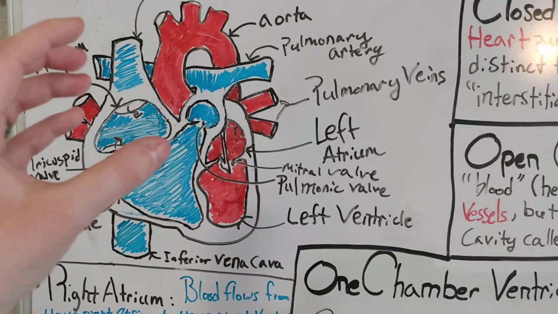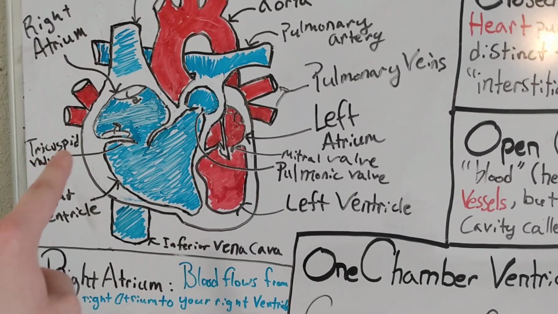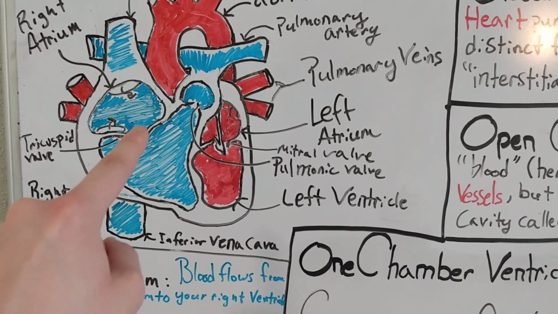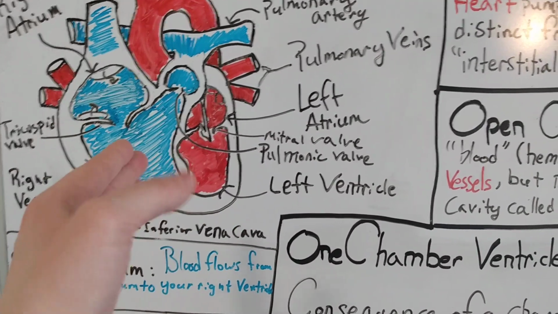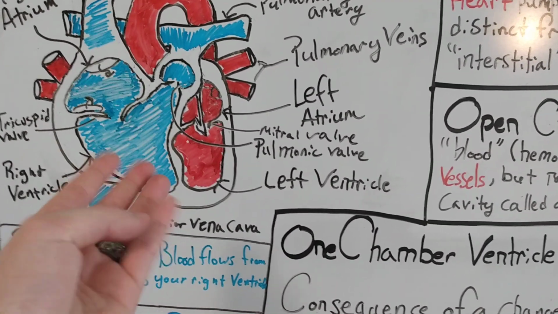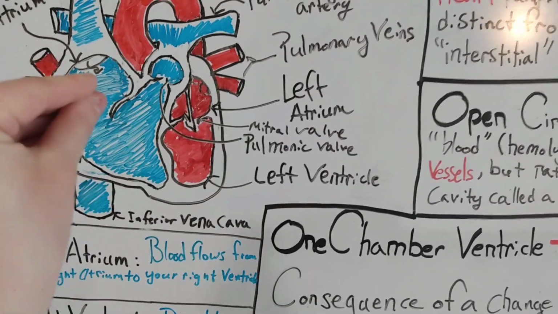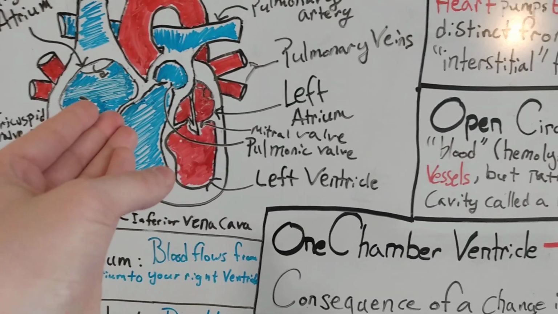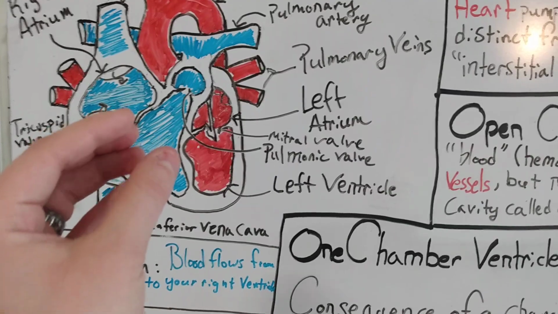From there, that right atrium will contract and it will open up this tricuspid valve. Okay, so this little section right here, right? This will open up and the blood will spill into this right ventricle. All right. Once that ventricle is full, that tricuspid valve will close so as to prevent blood sliding back into that atrium when the ventricle contracts.